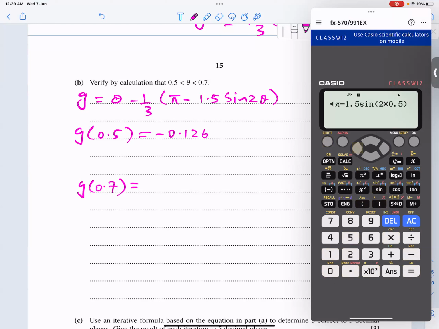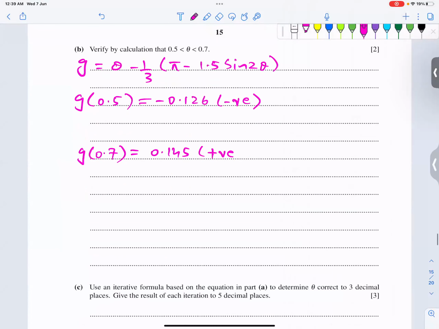And then for 0.7, this will give you 0.14145. So this is a positive answer and this is negative. If signs are changing, this means that theta lies between 0.5 and 0.7, as the signs are changing.